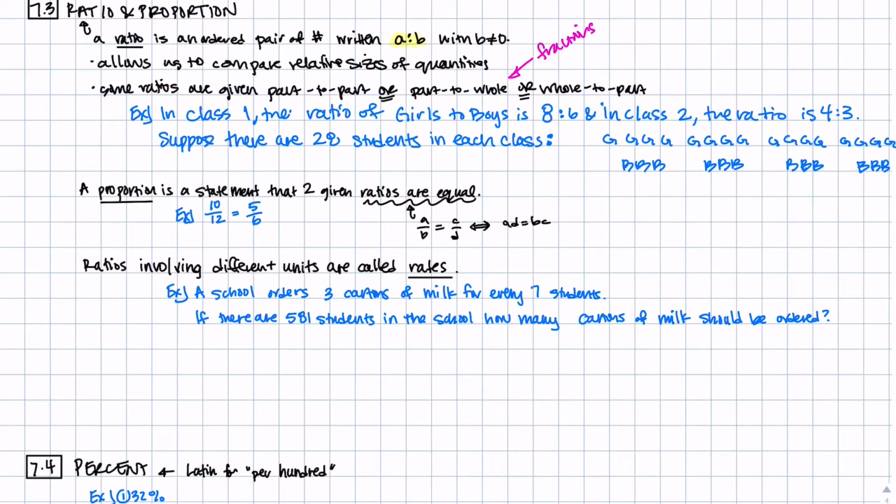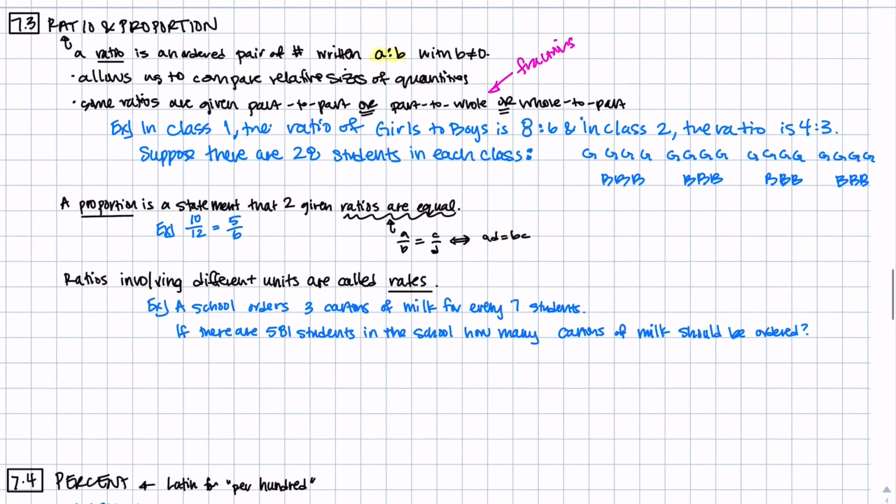But in ratios, we can also explore a part to part relationship or even a whole to part relationship, which we didn't really have a means for dealing with just a fraction. So again, it allows us to compare relative sizes of quantities, but not just part to whole.